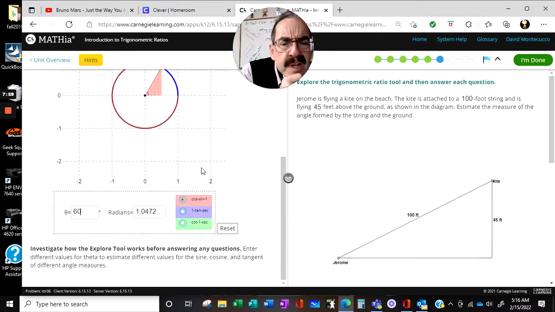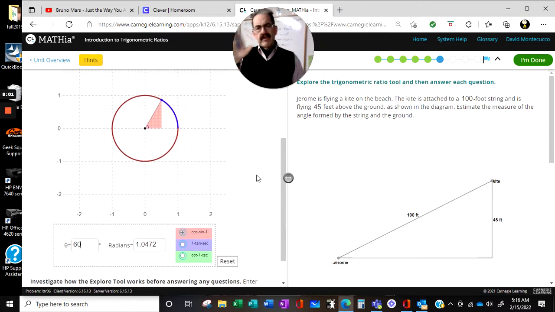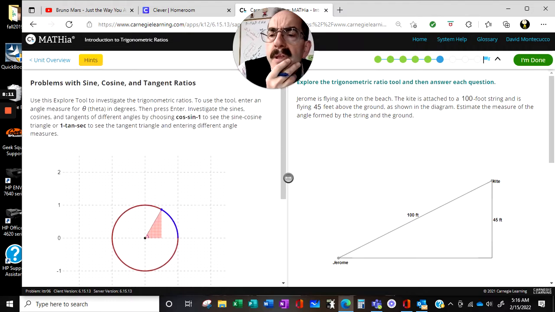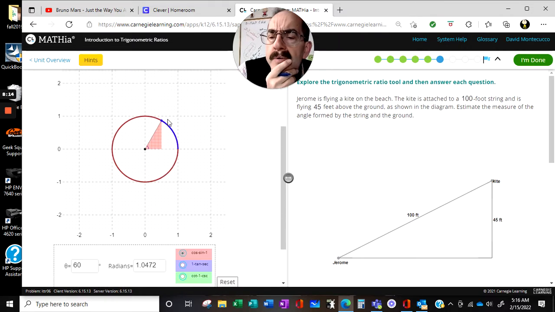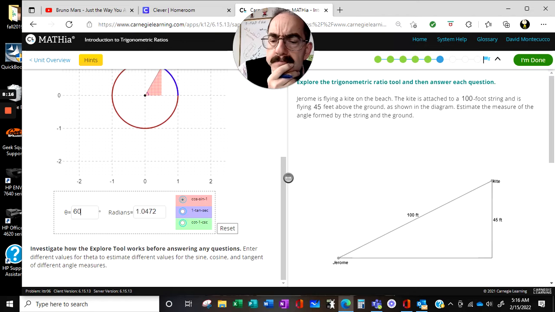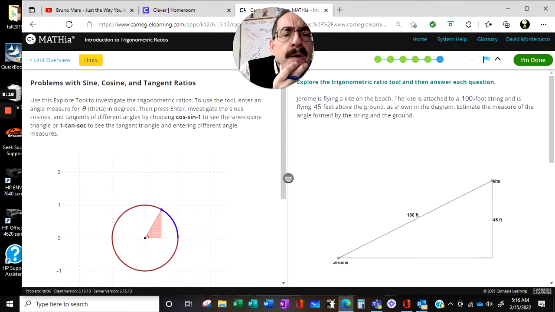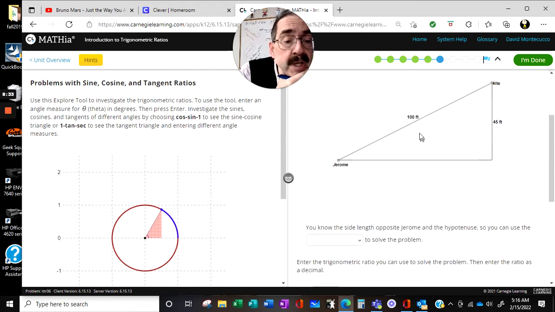Now we have lots of new things going on here, right? We've got this unit circle, we have these triangles, and we have these relationships. Now we have all three. A kid is flying a kite, the attached string is 100 feet, and the height is 45. Estimate the measure of the angle formed by the string and the ground. Here we have the opposite over the hypotenuse, so sine.